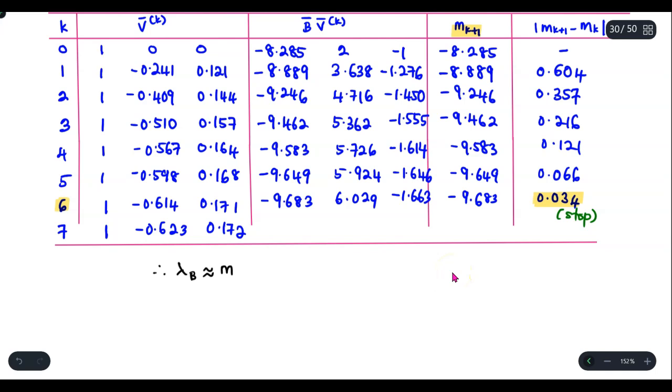So lambda b is approximately m7, so that is negative 9.683. And the corresponding eigenvector is approximately your v at k is 7, so that is 1, negative 0.623, and 0.172 transpose.